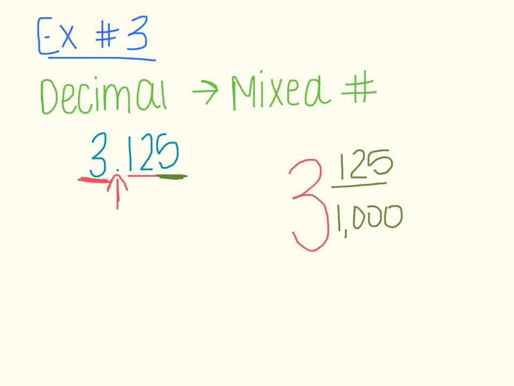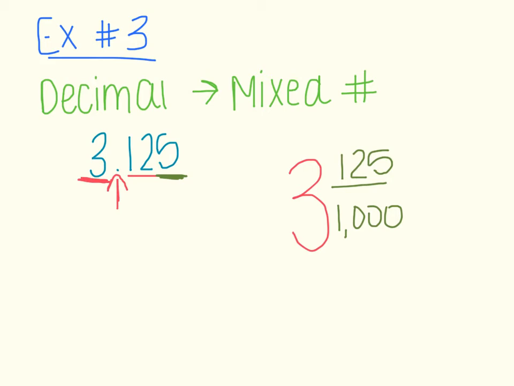But I can reduce that. Now I know that 125 and 1,000 can both be divided by 25. If you want to use something different, like I know they can both be divided by 5, you can use that. Whatever you know, use what you know, and just keep using repeated division. So let's divide.